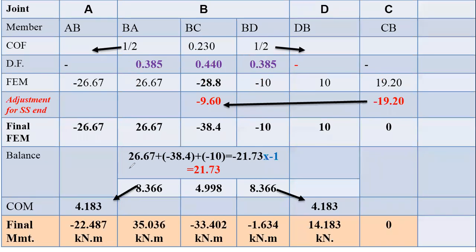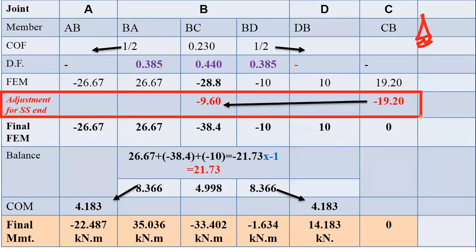Now, why have I written the C joint or the CB member after D? Because we know that support C is the end support, and that is simple, it is a roller. So the moment at C should be 0. So we have to make the adjustment for the simply supported end.